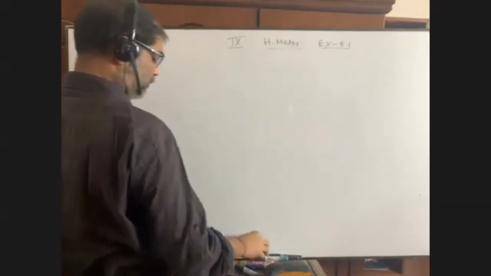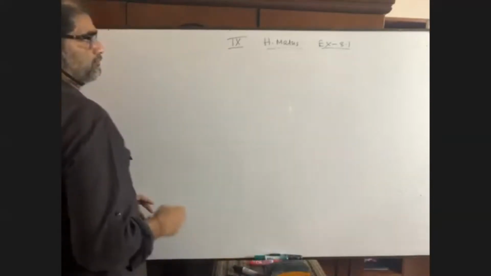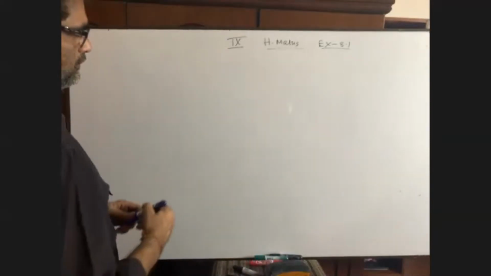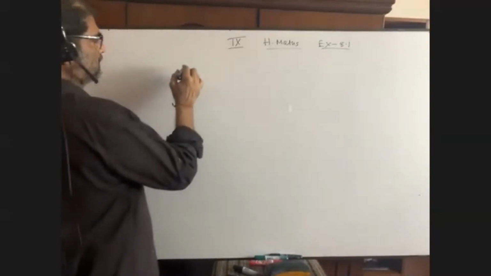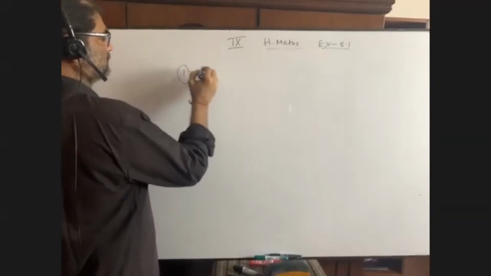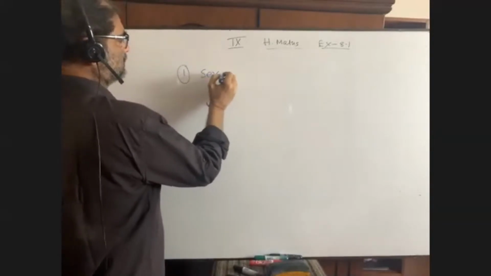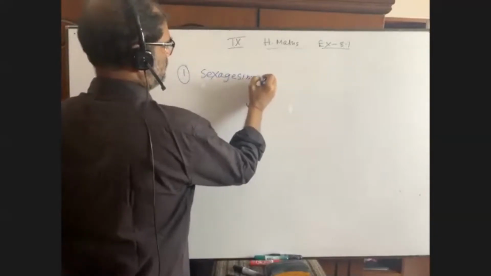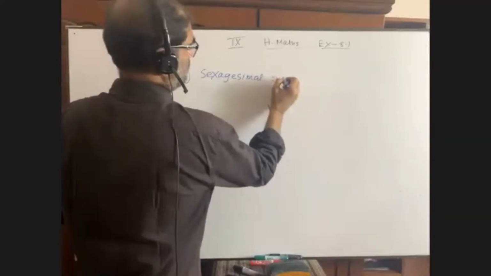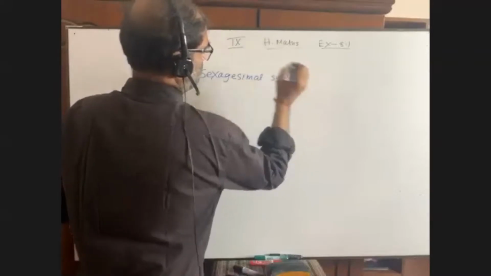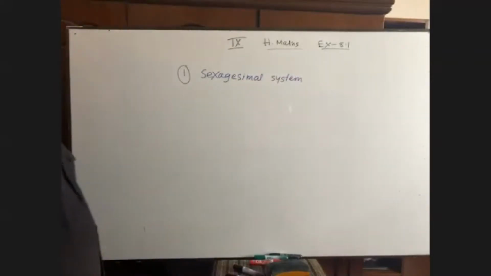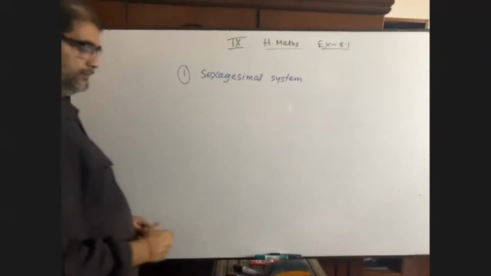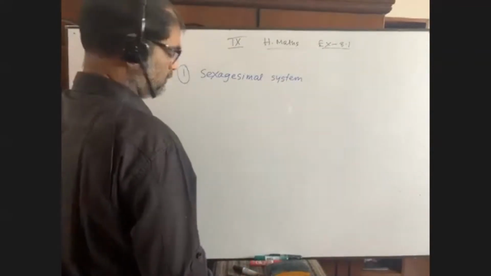At first, where we were, the systems of measurements. The first one was the sexagesimal system. Write down. Sexagesimal system. Okay.